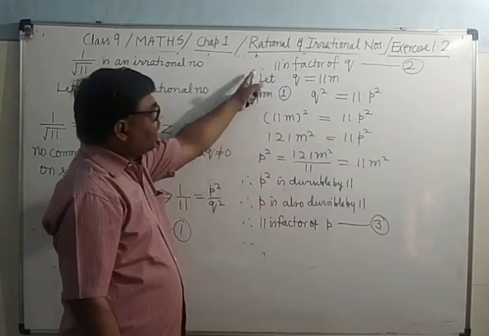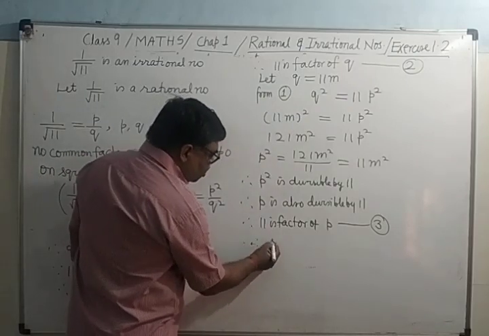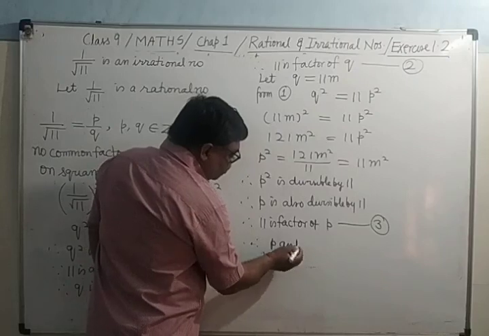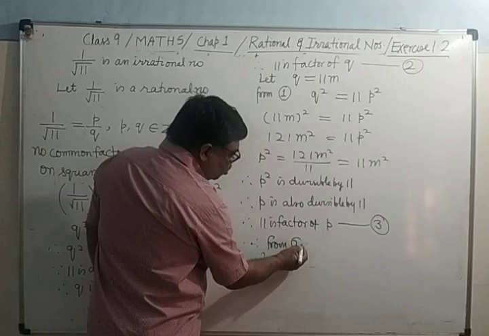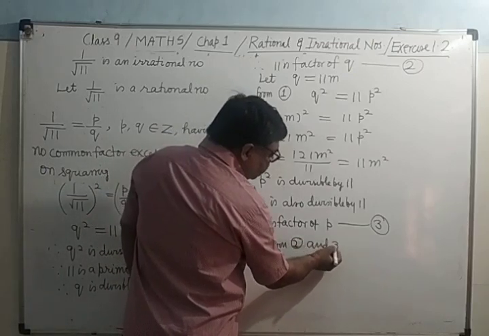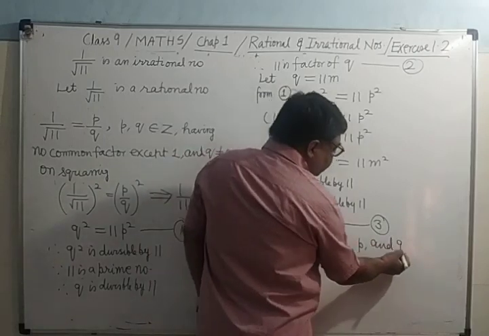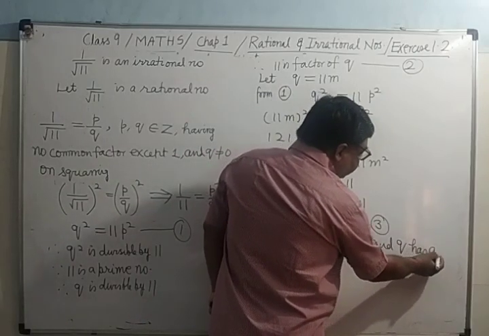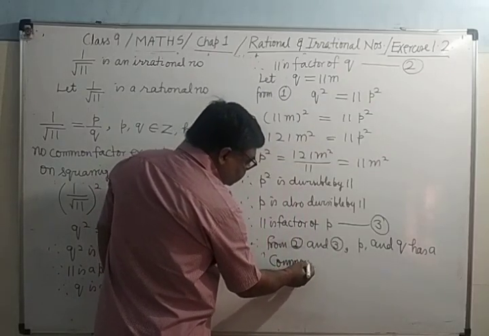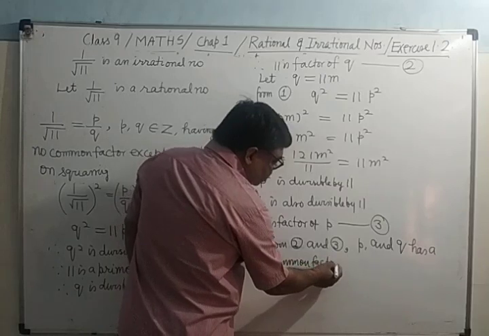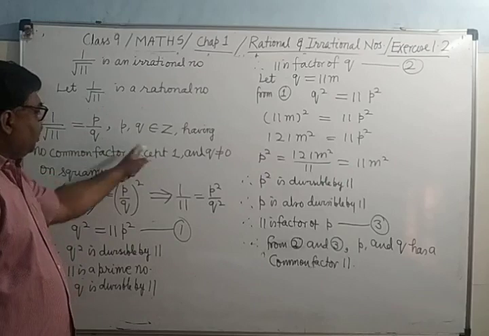Now 11 is a factor of Q, 11 is a factor of P. Therefore, from 2 and 3, P and Q have a common factor 11. But it is opposite to our assumption.